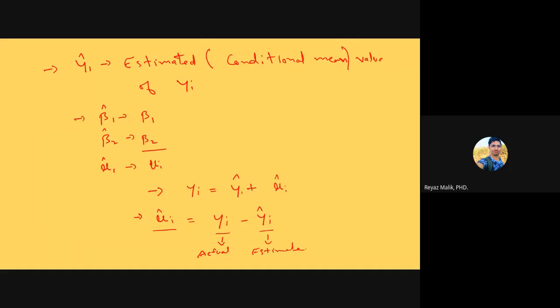So what is the difference between actual and estimated? We are subtracting the estimated one from the actual one. That way we will be able to get the error. How much error we have? And here is the job for us.